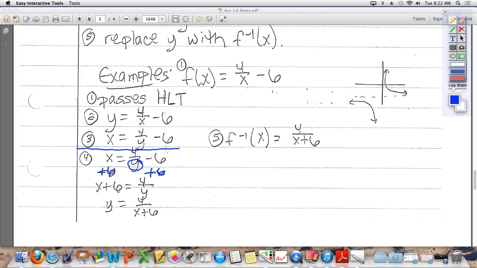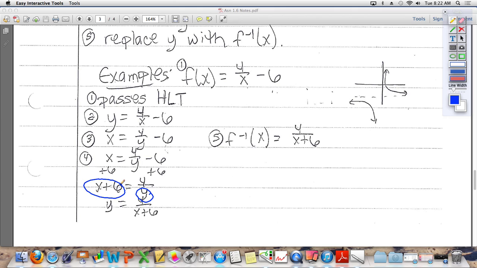Now, I know I have told you this before. If you've had me before, I know I've told you this before. If the variable that you are trying to solve for is on the bottom of a fraction, as it is right now, and it's all alone, all you have to do is switch it with the other side of the equal sign. So this y goes over here where the x plus 6 is, and the x plus 6 goes where the y is.